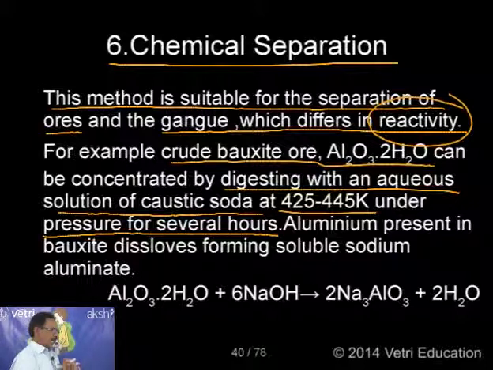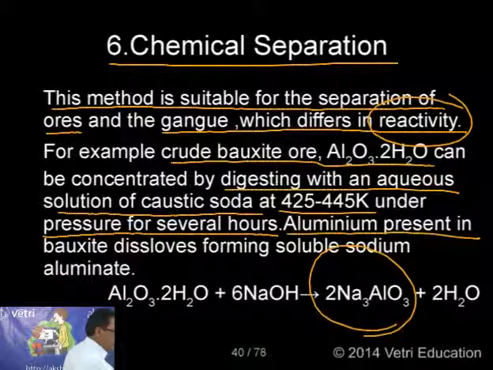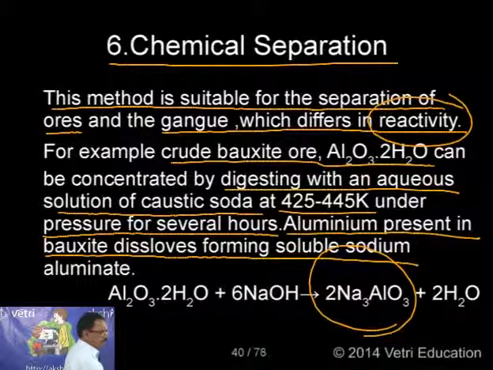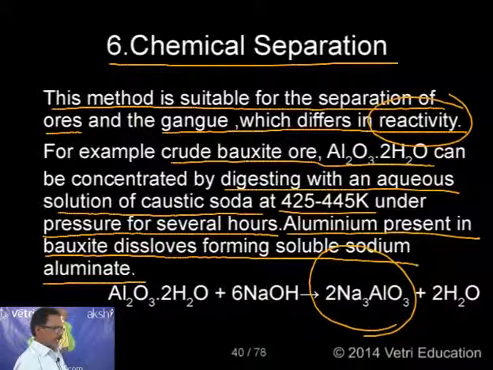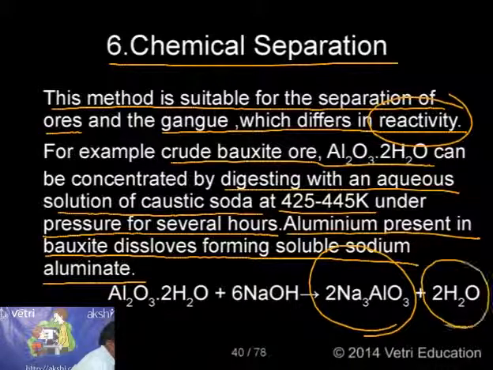What will happen now? Aluminum oxide will be converted into sodium aluminate. So the aluminum present in the bauxite dissolves, forming soluble sodium aluminate, Na3AlO3. The extra water will be eliminated, and when water is eliminated it will be getting concentrated. The percentage of aluminum present will increase. This is the most important information here.